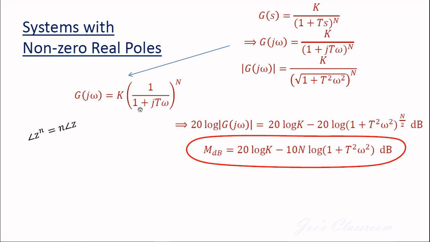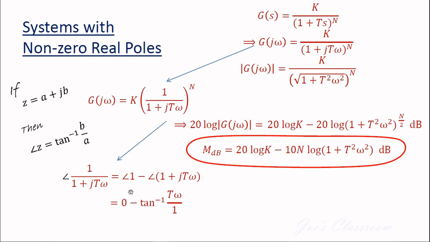Even in this case, to find the angle of this entire term, it is sufficient to find the angle of whatever term is inside the brackets and multiply it by n. If I take only this term, I can write its angle as the angle of the numerator minus the angle of the denominator, because angle of z1 by z2 is equal to angle of z1 minus angle of z2. So this is what you get.